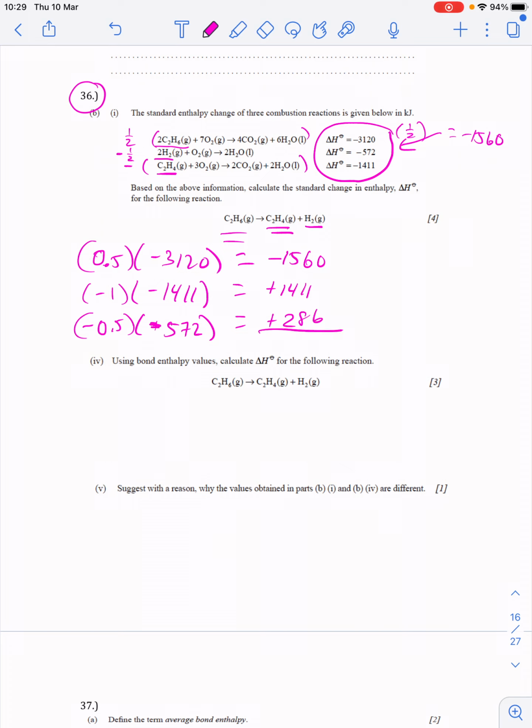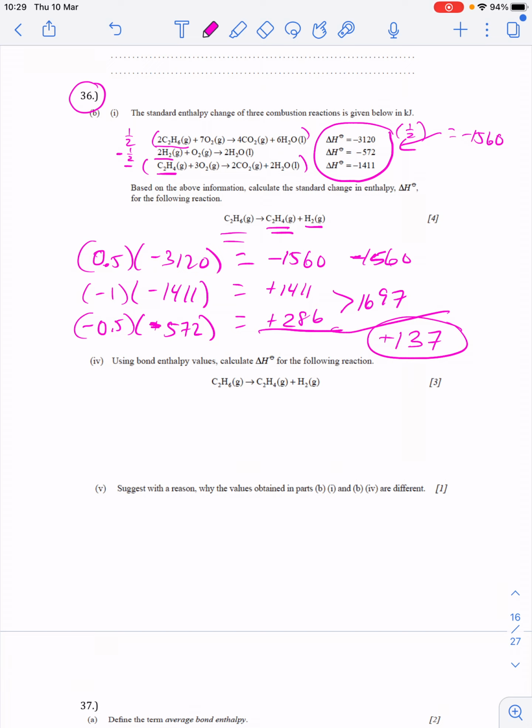So my positive ones add up to, using my calculator here, 1697 positive, and I have minus 1560. I can see the positive ones are bigger than the minus ones, so I should end up with a positive value. The difference is 137. So the answer in the end is plus 137.